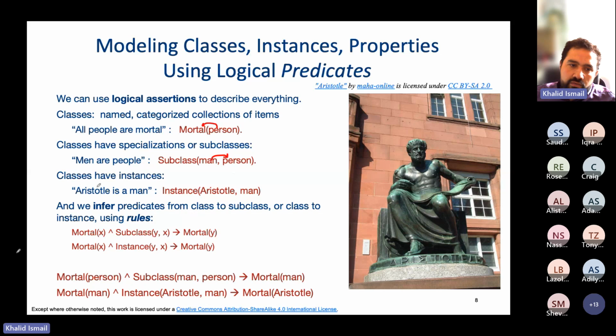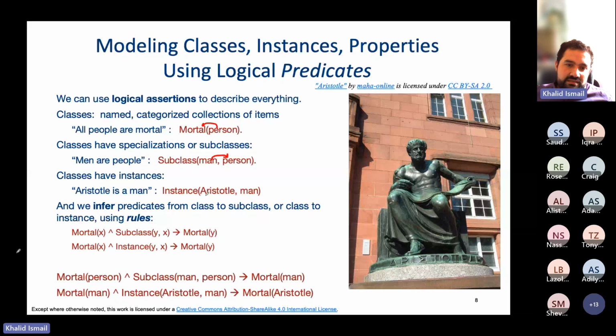Here we have the class mortal, and we have another subclass, person. The person is simply a subclass of mortal. And a man is a subclass of the person.